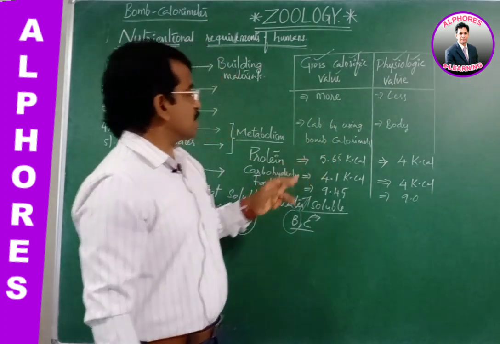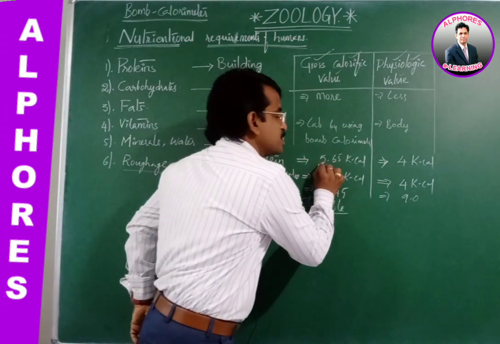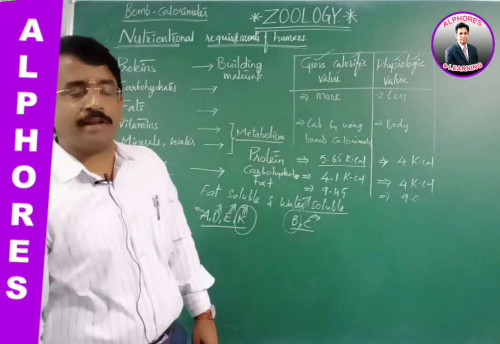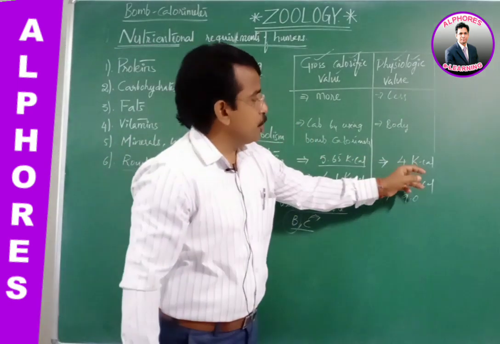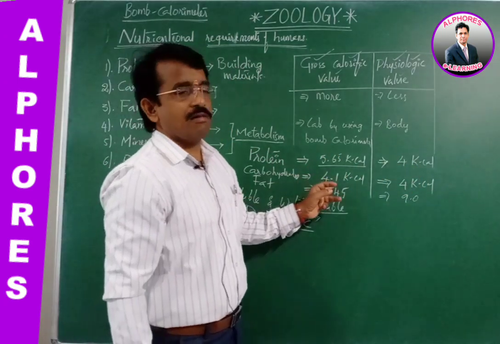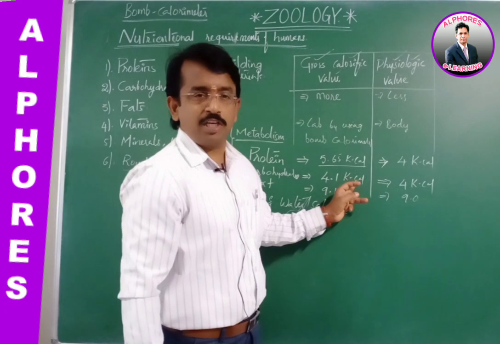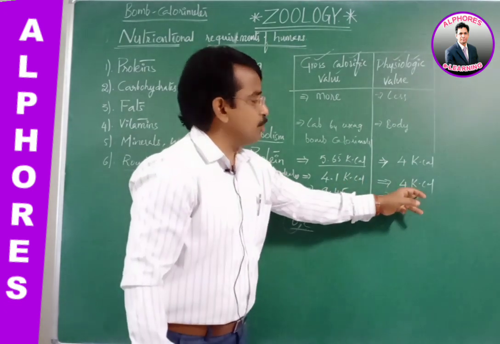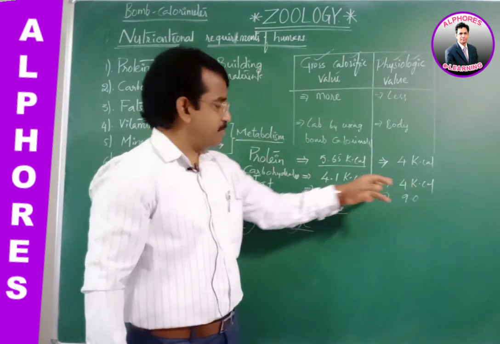Physiologic value is less. The gross calorific value of proteins is 5.65 kilocalories. The physiologic value is 4 kilocalories. Carbohydrate gross calorific value 4.1 kilocalories, whereas physiologic value is 4 kilocalories.